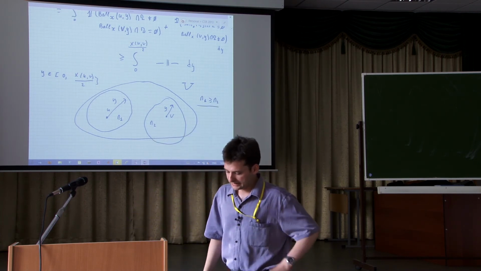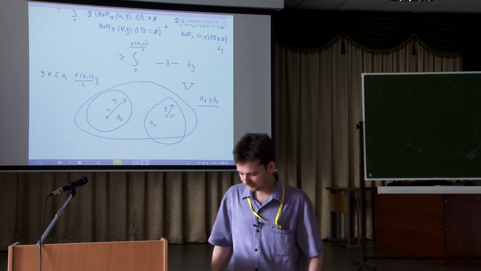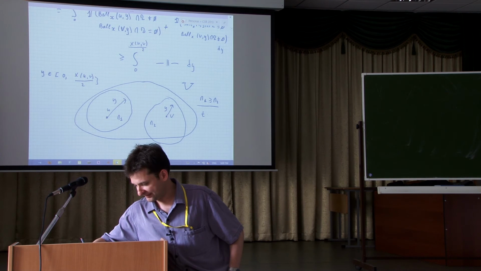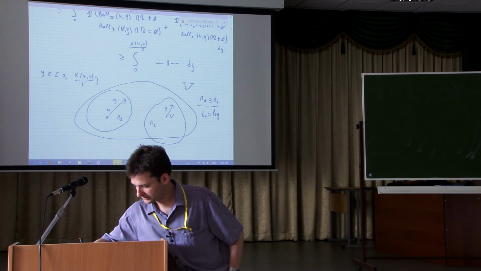So then we can pick the scale t, like t0, which is approximately equal to log 2 n2.